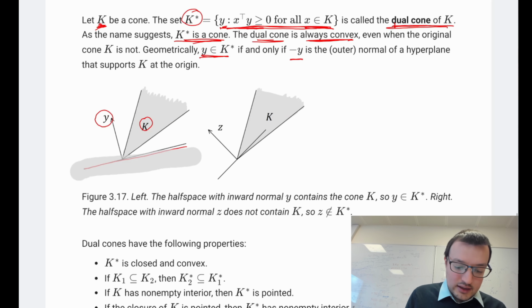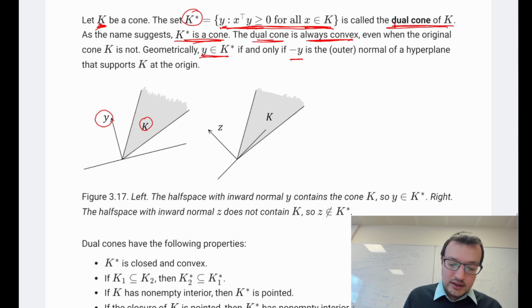And we see that by the definition, the inner product between any point in K, so for instance, let's consider this point, and then we take the associated vector x, then the inner product between x and y is going to be non-negative, okay? And that implies essentially that y is in the dual cone, but here the point is to look at the geometric characterization.